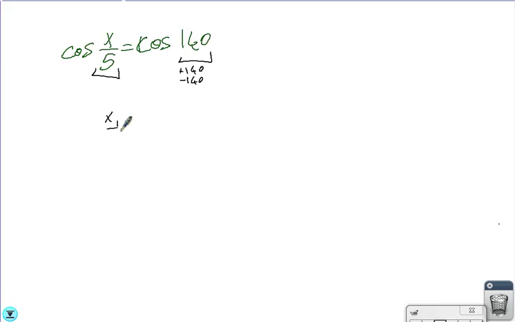Now the first kind of solution, positive 140 plus 2k pi. To get a single x1, multiply by 5. x1 is equal to 5 times 140, which is 700, and 5 times 2k pi makes 10k pi.